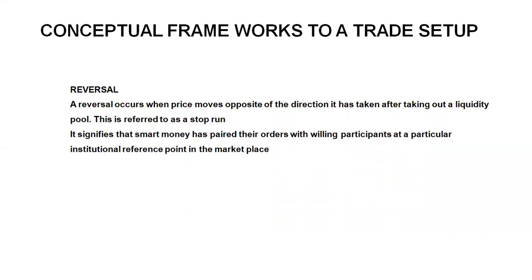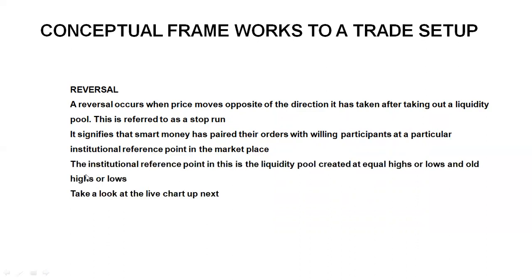So what do I mean? The institutional reference point in this is the liquidity pool created at equal highs or lows and old highs or lows, right? The retail-minded folks usually see double tops or double bottoms, or equal highs and equal lows, as resistance and support.